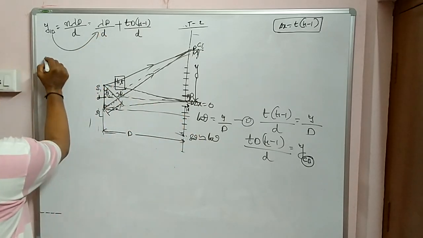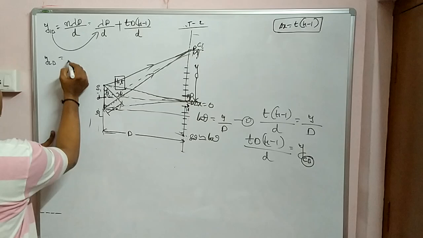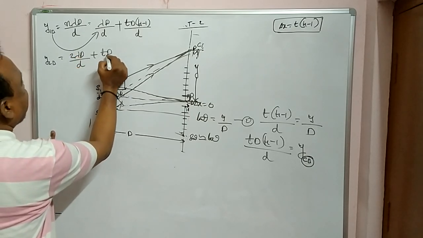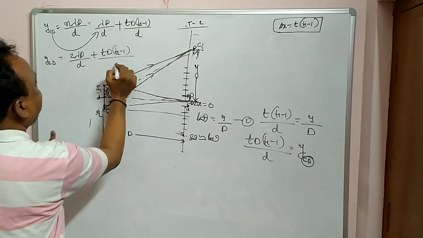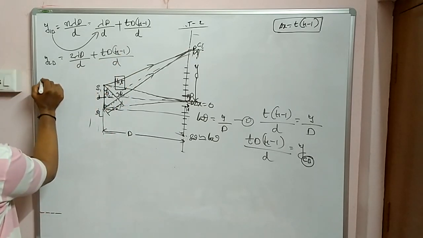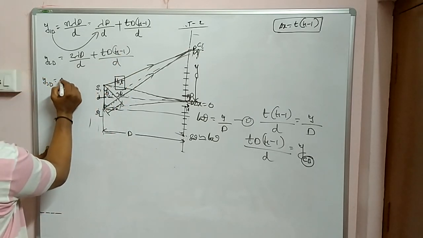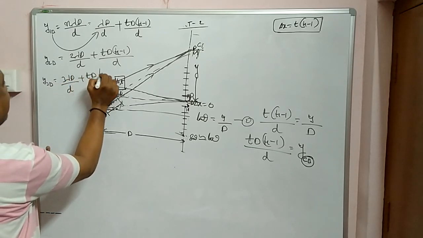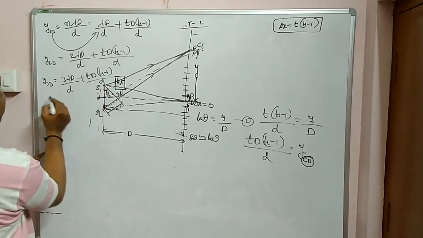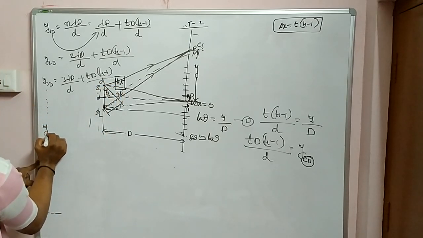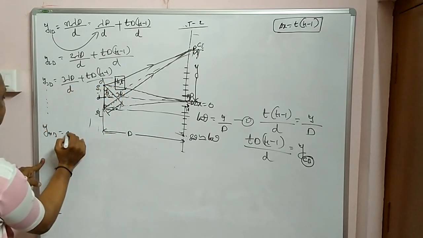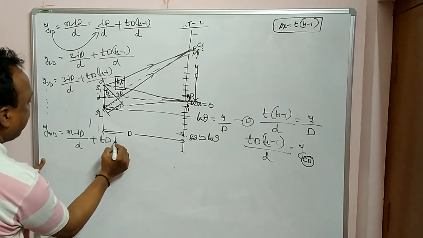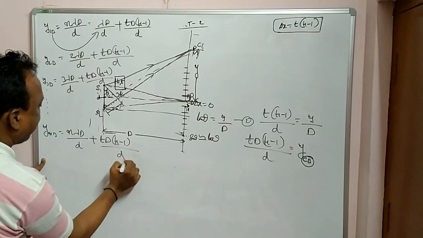Same way second bright, 2 lambda d by d plus t capital D mu minus 1 by d. అలాగే third bright, 3 lambda d by d plus td into mu minus 1 by d. అలాగే nth bright, n lambda d by d plus td into mu minus 1 by d.